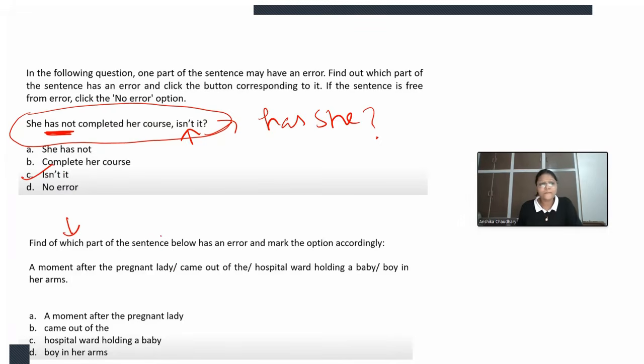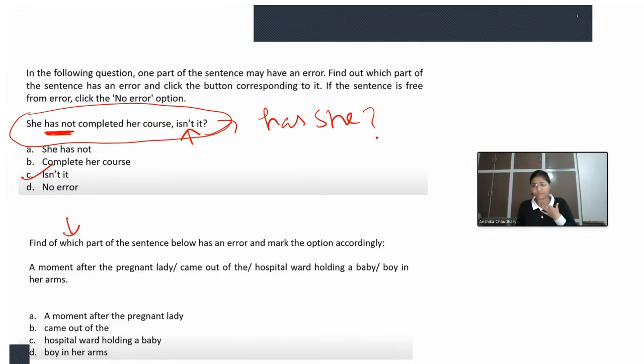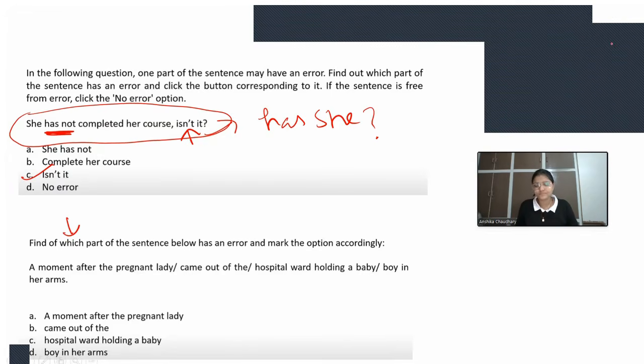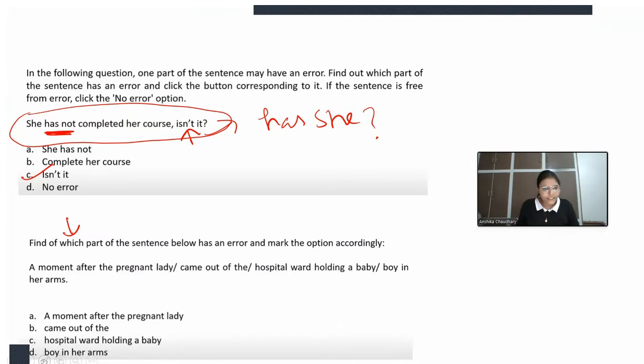The next question: find out which part of the sentence below has an error and mark the option accordingly. A moment after the pregnant lady came out of the hospital ward holding a baby boy in her arms. See, I can see everything is fine here, but the error is in a moment after.